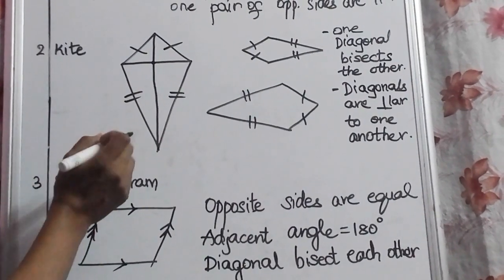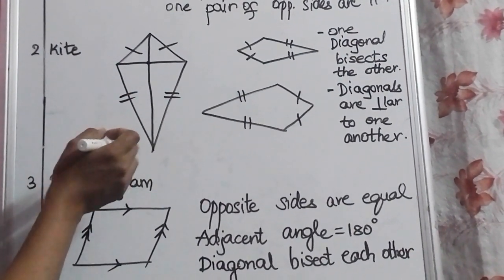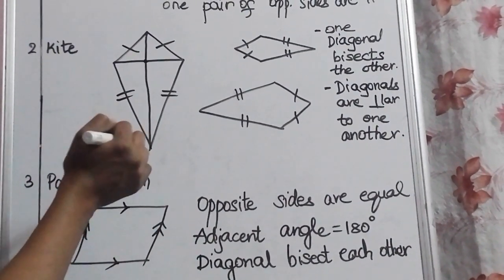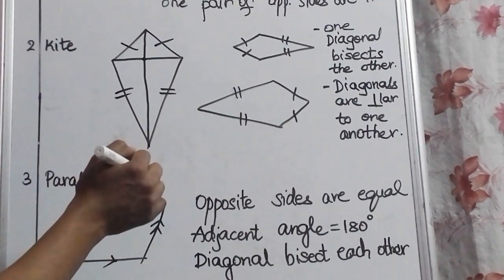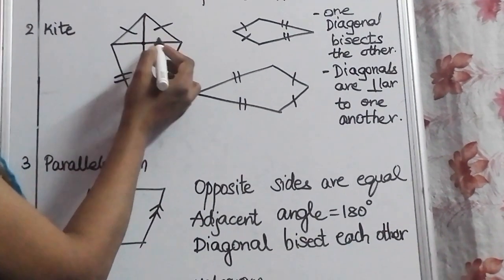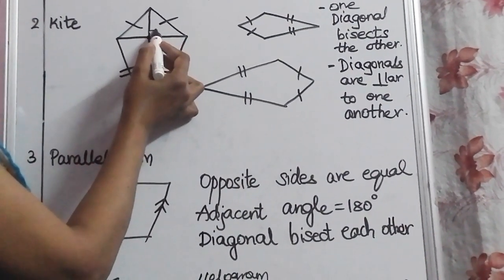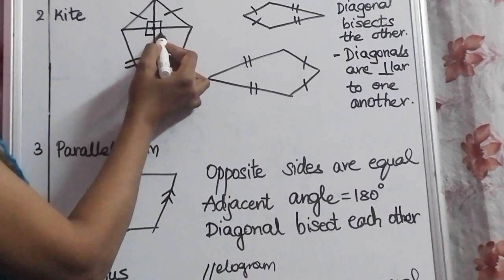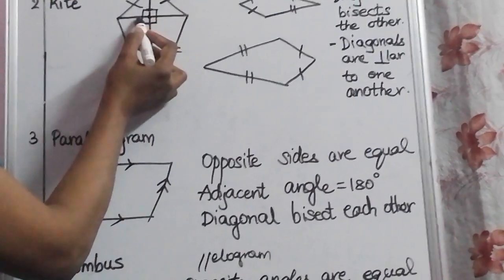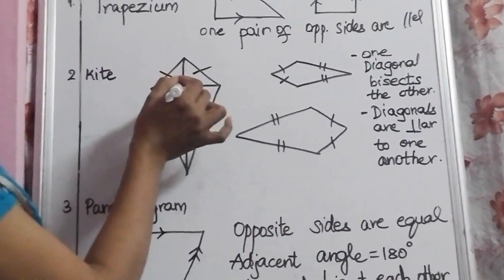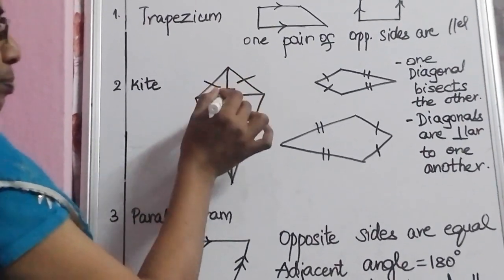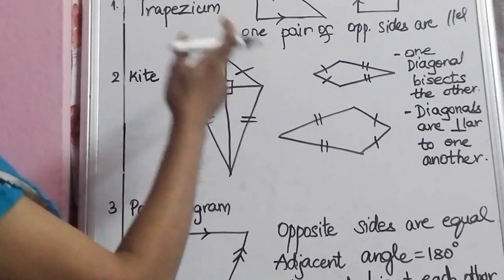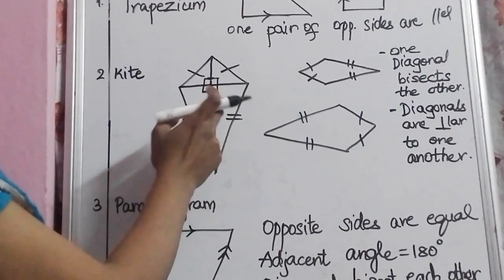The next property is that the diagonals are perpendicular to each other. What is the meaning of perpendicular? You remember we discussed it in the previous chapters. It is 90 degrees. Here you can see that the angle formed at the intersection point is 90 degrees. So the diagonals are perpendicular to one another.